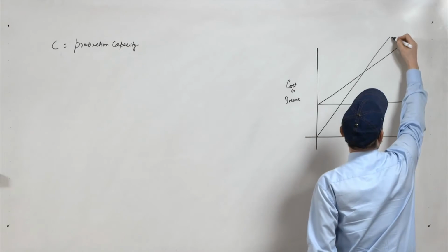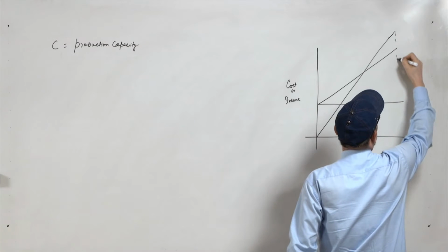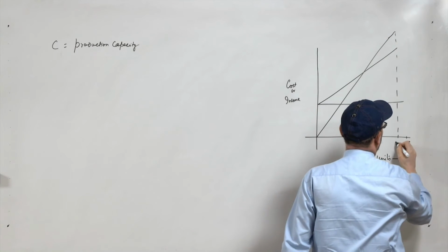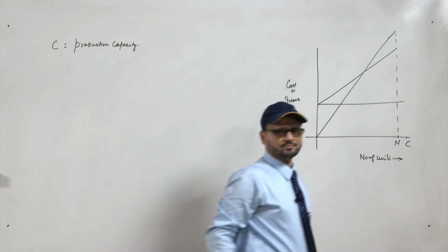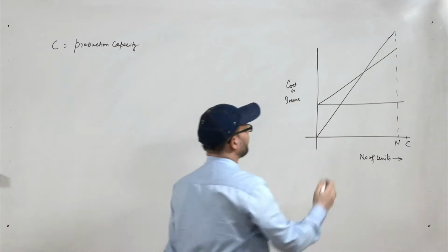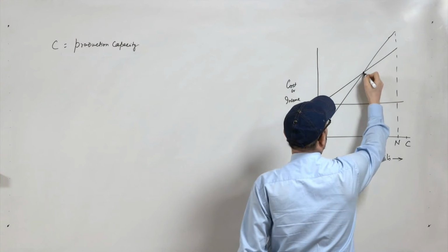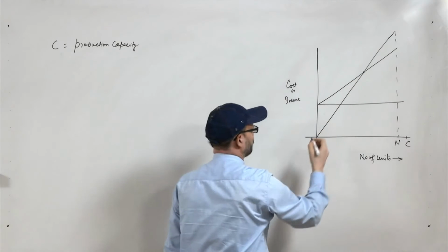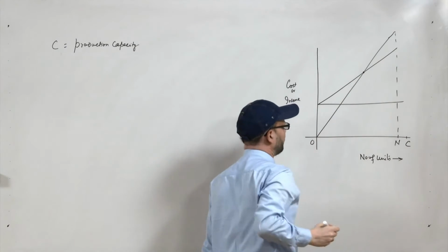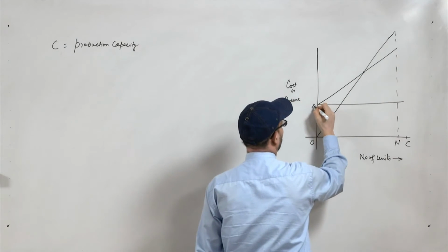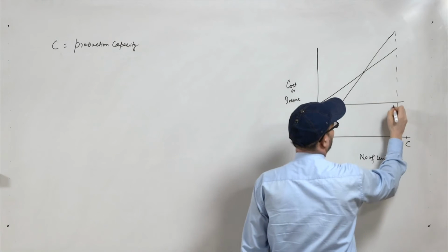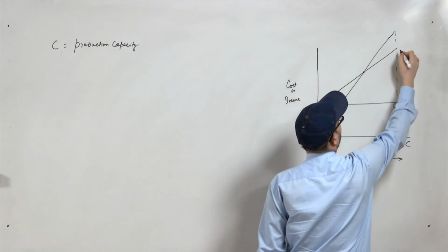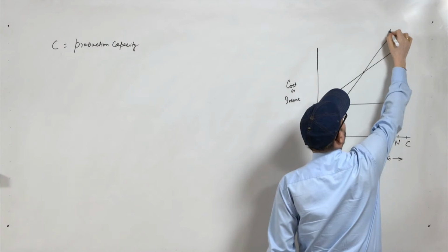So, this is the unit number n. Now, at this point, this is the income line. If we give names to these points, this is point A, this is B, C and D.